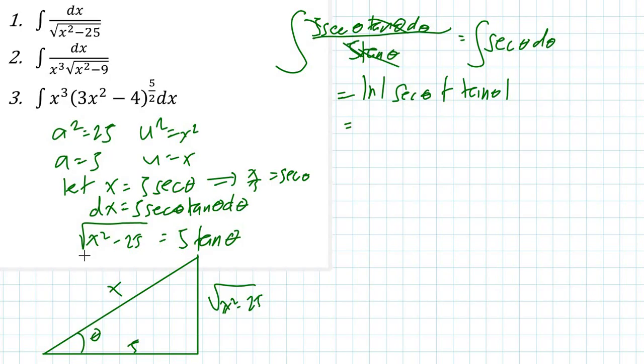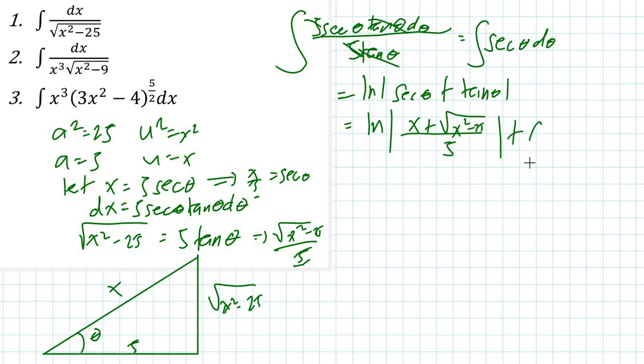Tangent theta is the square root of x squared minus 25 all over 5. Sharing the same denominator, we can combine that in two. This becomes the ln of x plus the square root of x squared minus 25, all over 5, plus c. So there you go.